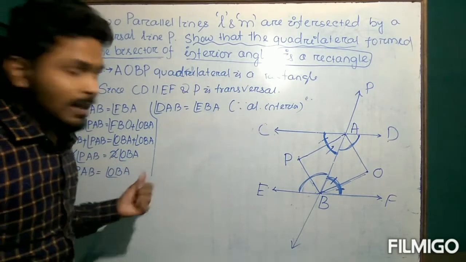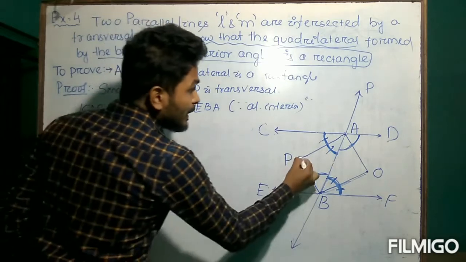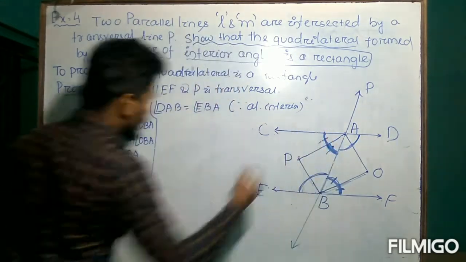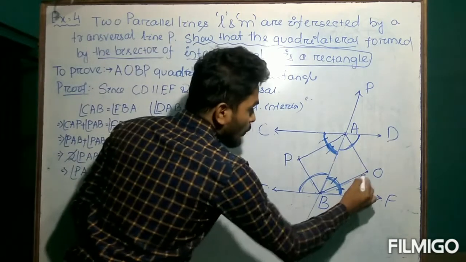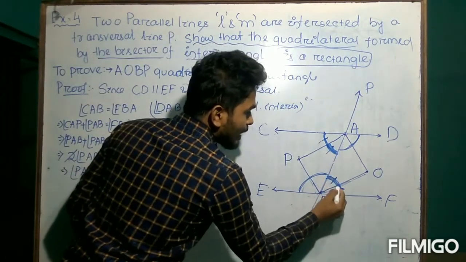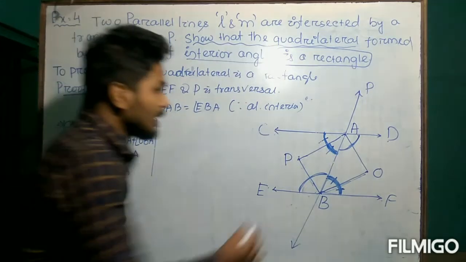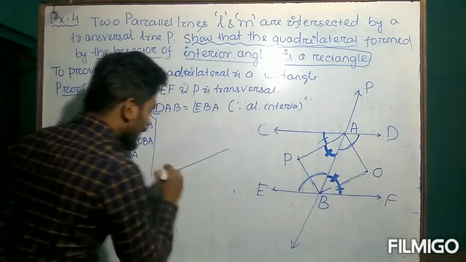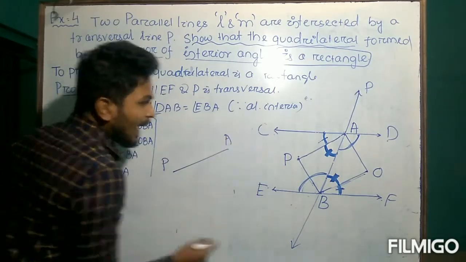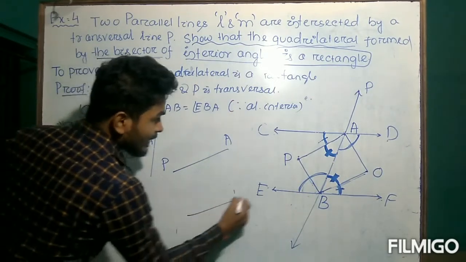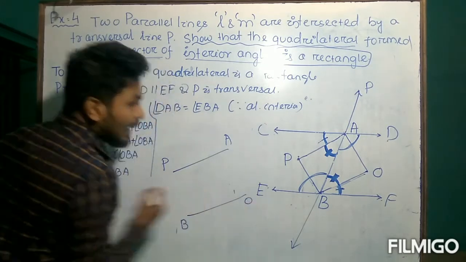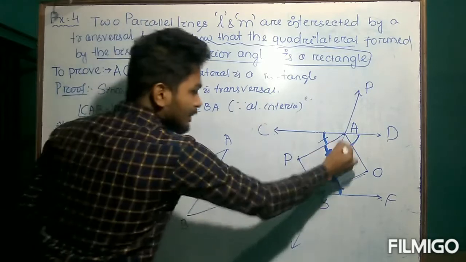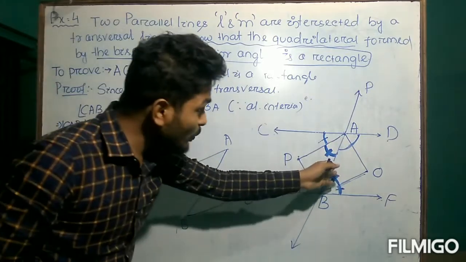Okay, this is fine. So we have finally found that angle PAB is equal to angle OBA. Now if we consider line PA and another line BO, and AB is a transversal line. What have we proved here?